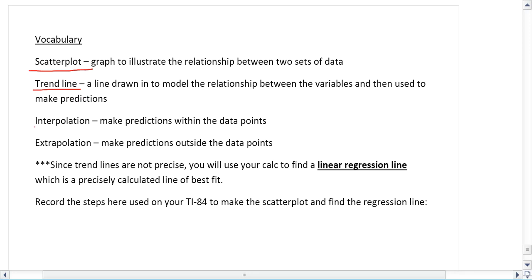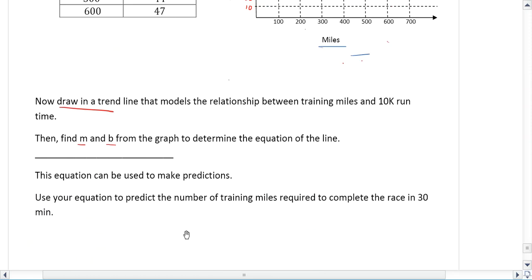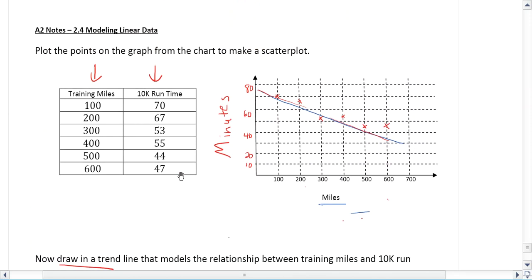All right, the difference between interpolation and extrapolation. Interpolation, if I scroll back up here for a moment, would be like if you were the mathematician helping out this coach, and the coach wanted a prediction inside the data points.